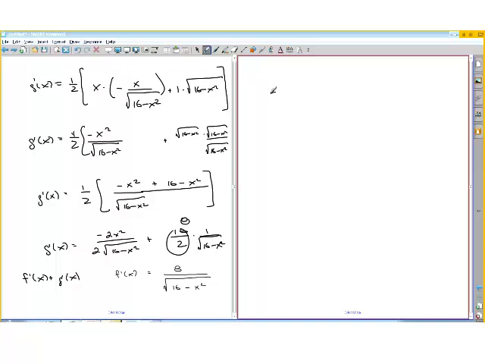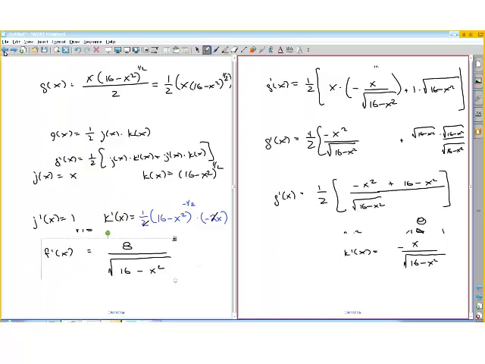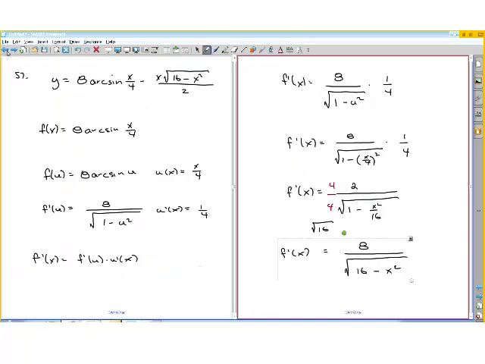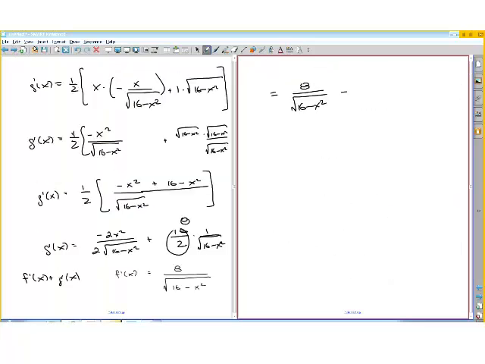So when we now put these together, you'll have f prime of x, which is 8 divided by the square root of 16 minus x squared. And you're going to subtract off this. If you go back, we're subtracting that.